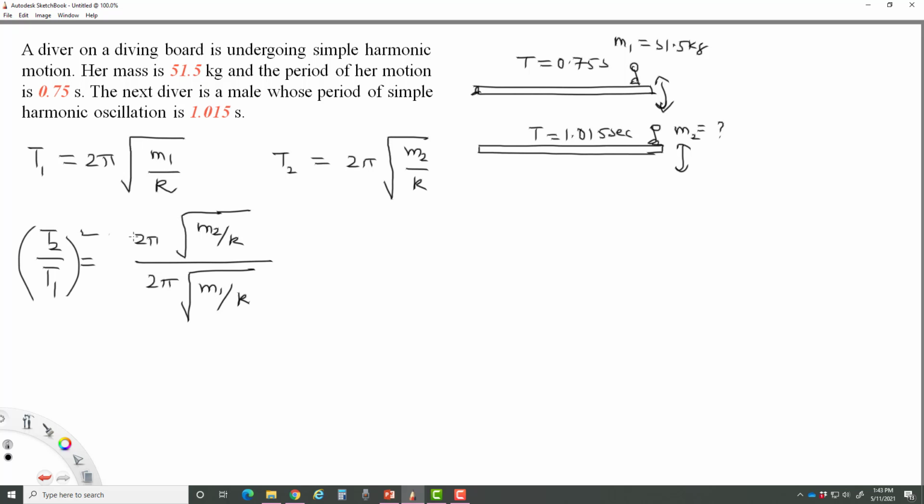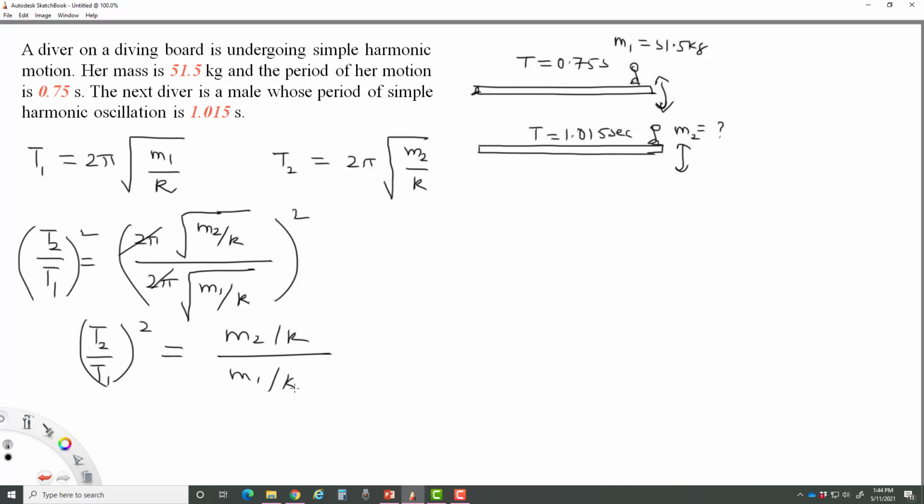Square both sides, cancel 2 pi and 2 pi, so we have T2 over T1 squared equal to m2 k over m1 k. We are cancelling the square roots and the square, so k cancels. Multiplying both sides by m1, we get rid of this m1, so that will give us T2 over T1 squared times m1.